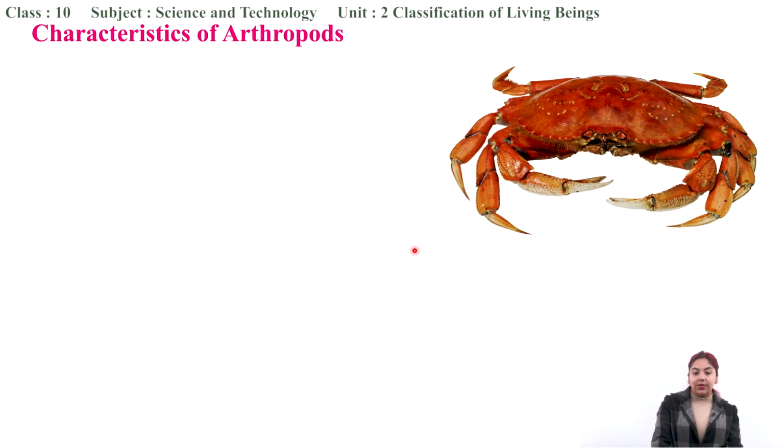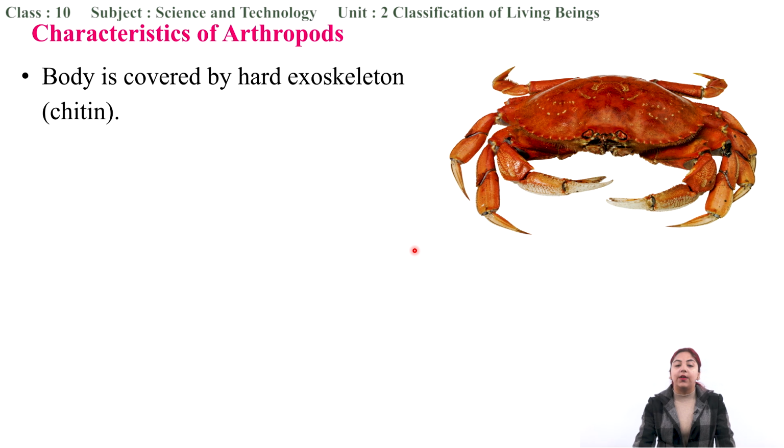Now let us study certain characteristics of arthropods. Their body is covered by a hard exoskeleton, which is made up of chitin, as you can see here. In case of crab, all of this external structure is very hard, and this hard exoskeleton, exo means outside, so the skeleton that is present outside is known as exoskeleton.